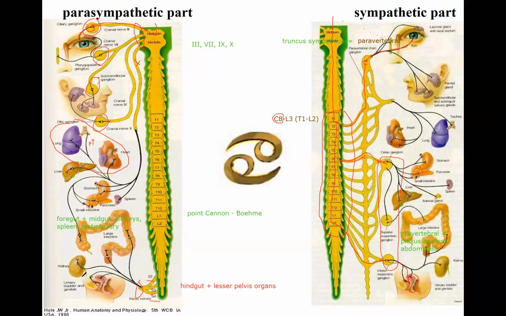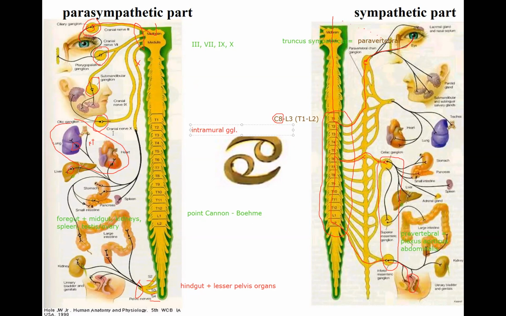So these are 2 major differences between sympathetic and parasympathetic: where it leaves the spinal cord, and where the ganglia are located. The ganglia for the other organs, you can see, are located in the wall of the organ. So we call them intramural, inside the wall.